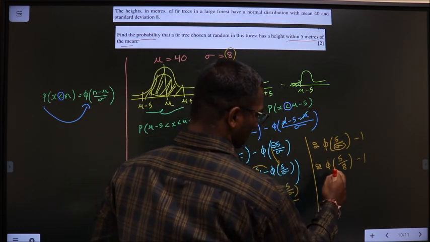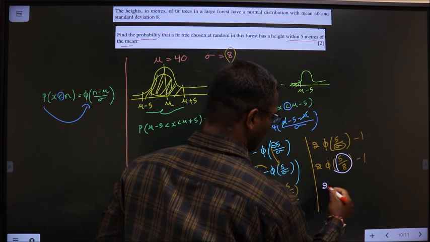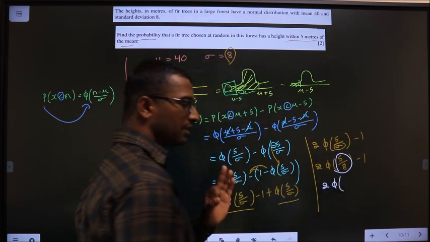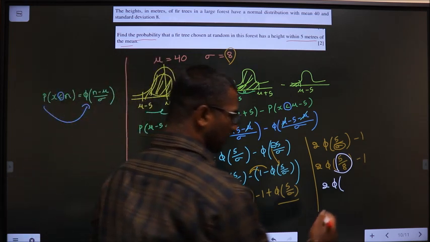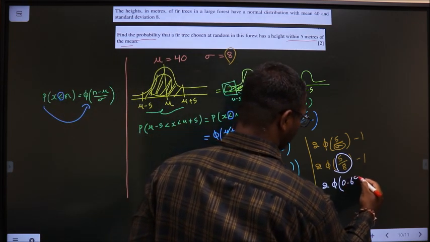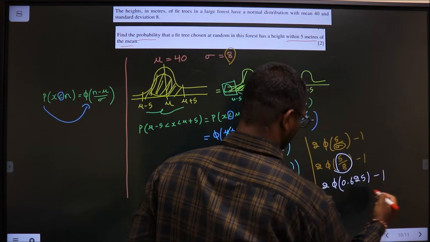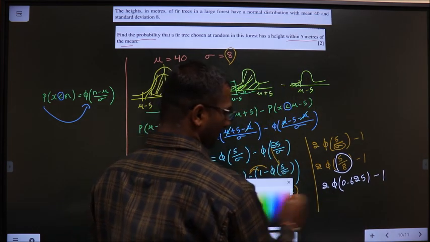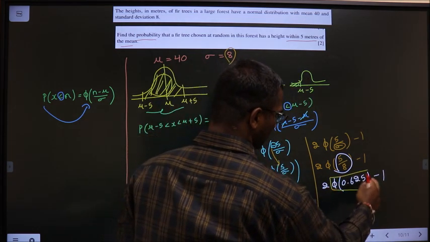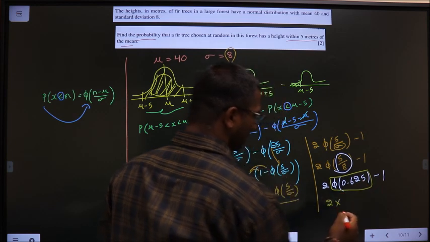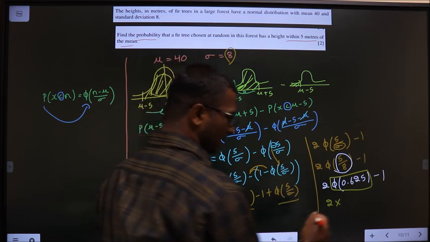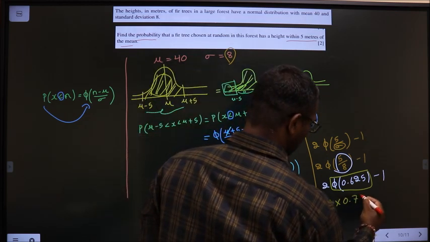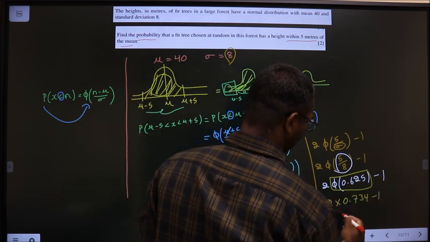Now put this in the calculator and take up to 3 decimal places and we will get 0.625 minus 1. Now this value you will get from the normal distribution table, and that you should get to be 0.734 minus 1.